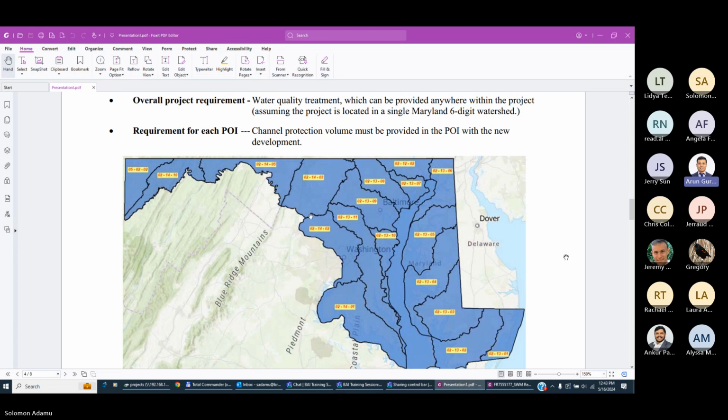You cannot say, oh, I'm going to compensate it. So, for example, if you have that requirement in POI 1, you cannot say I'm going to compensate that in POI 3, because that's not going to do any good for POI 1. So you are supposed to provide that treatment within that same POI.